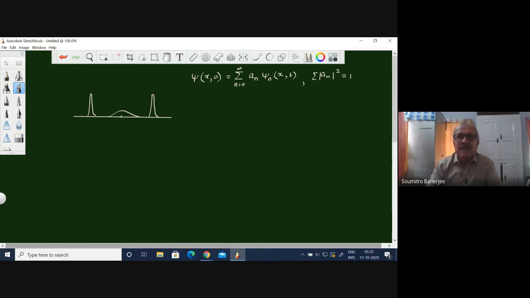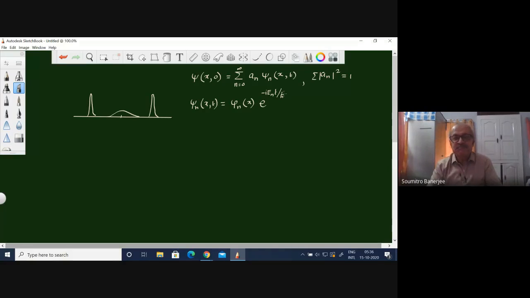And what are these psi n's? These psi n, small psi, are the eigenfunctions of x only, times e to the power minus i E n t by h cross.